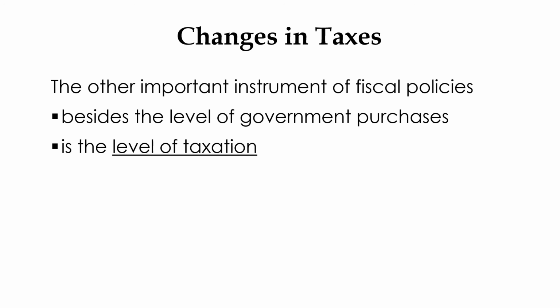So they're borrowing more money, so the crowding out effect is going to apply. And also, everybody gets more income because of the reduced taxes, so they consume more and they invest more. So both of the macroeconomic effects, the multiplier effect and the crowding out effect, still apply when you're reducing taxes. And taxes are also a form of fiscal policy.